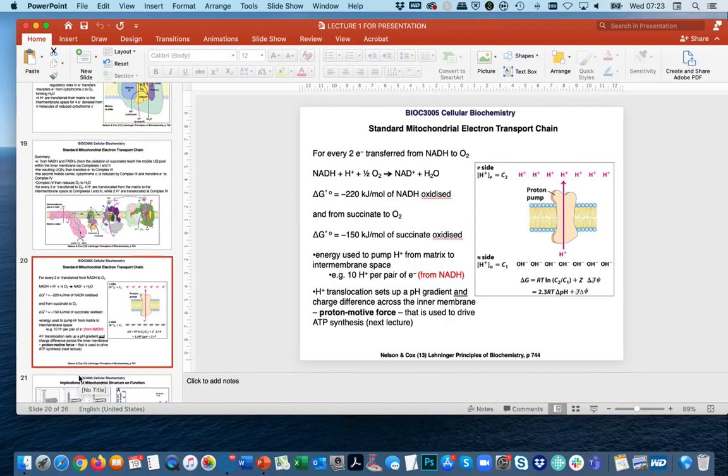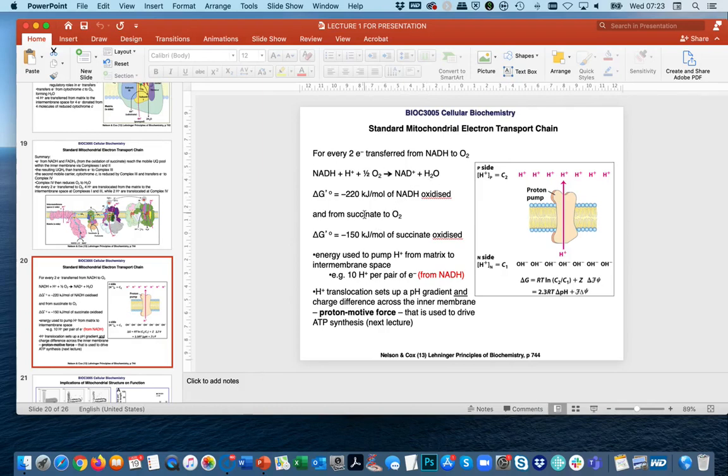So we can put that into an equation where we have NADH and oxygen, and we see NADH being oxidized to NAD+, and oxygen being reduced to water.